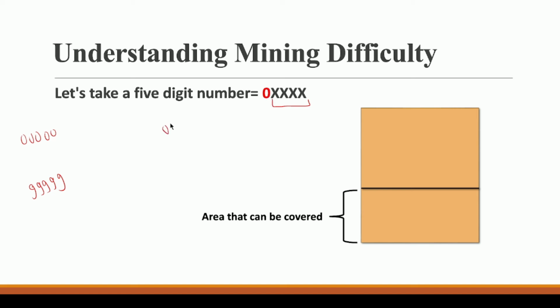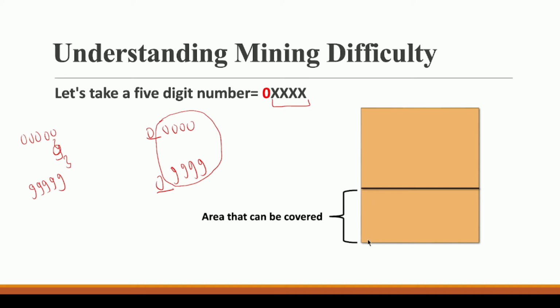So now we are covering from 00000 to 09999, since the first number is 0. Now you can clearly see we have a much smaller range, because earlier we had 99999 and now we have only 9999. So definitely this will be a small range between these two numbers, and that's why we say this is representing this small area.